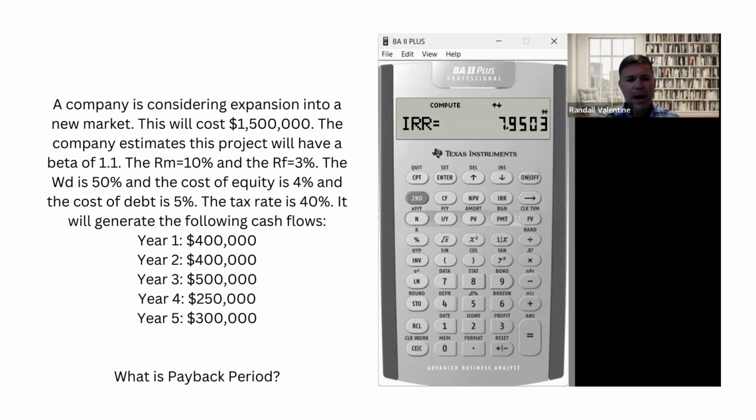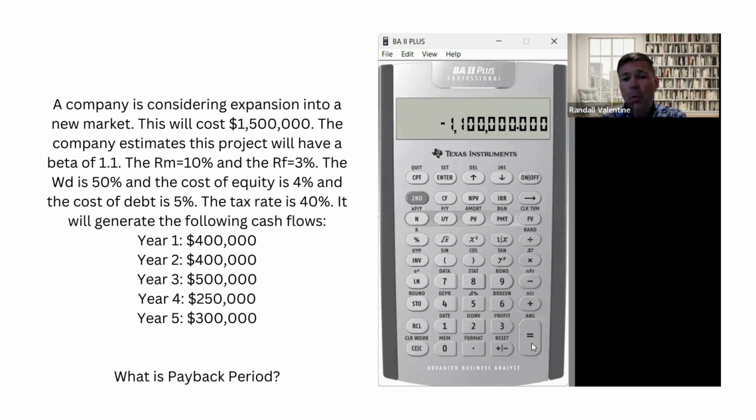So in this problem, what we're doing is figuring out how long does it take to pay back that initial investment of 1.5 million. So what I'm going to do is go clear it out, and I'm going to start with 1.5 million. And this is a negative, keep in mind, because that is a cash outflow. So how long is it going to be before this becomes 0? That's the question. So year 1, we make back 400,000. So I put in 400,000.